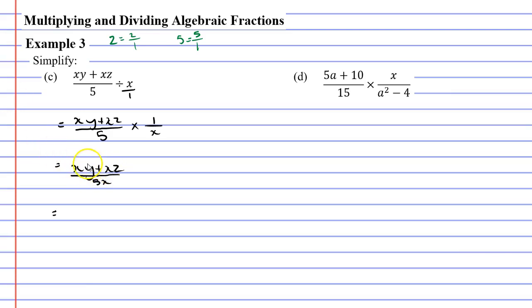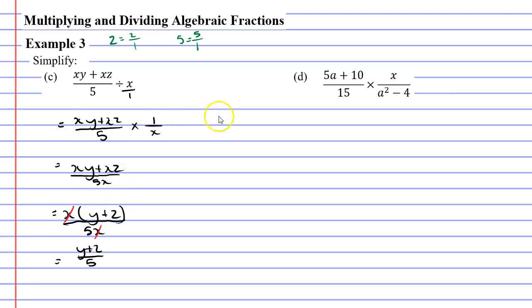Both these terms have a common factor of x. So we're going to factor out our x, and x times y gives us xy, and x times z will give us xz. And then 5x for our denominator, and we've got a common factor here of x. We can cancel out our x's, giving us y plus z over 5.